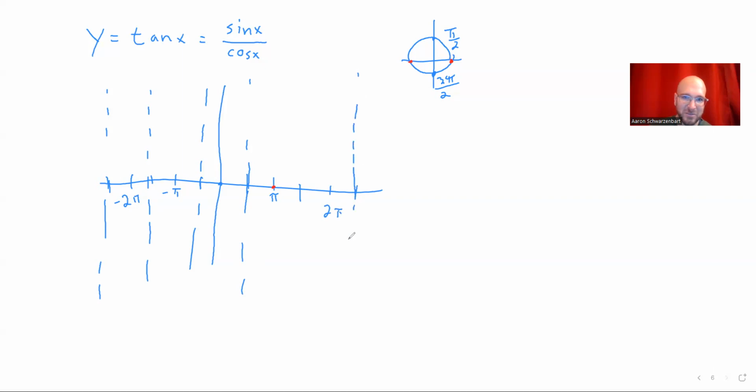And this is just going to repeat forever. Should be one here too. And then my graph has zeros, and always halfway between, every multiple of pi. And the graph looks like this.